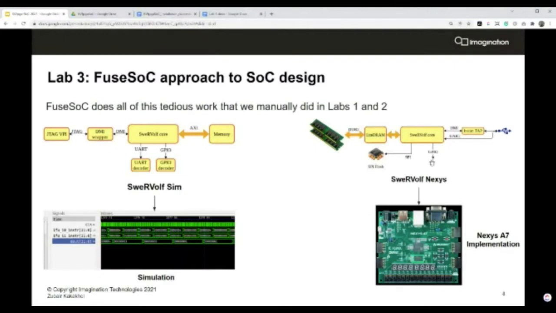However, in the industry, designers and teams of designers will usually be working on the Verilog code, not on the visual block-based approach. They will be sharing source code in a version control system, and quite commonly they will also be using a framework or a build system to generate each IP core.